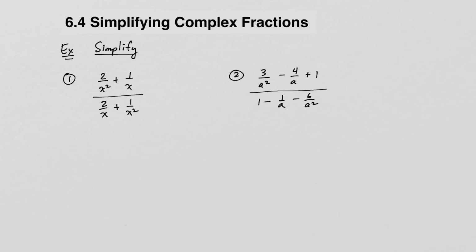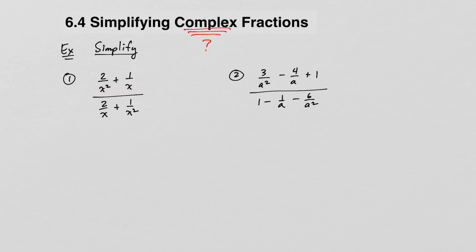Moving on to section 6.4, this will be a very short section. In fact, I'm only planning to do these 2 examples that you see. We're looking at simplifying complex fractions. So first of all, what does it mean to have a complex fraction? Basically, it means that you have little fractions inside of a larger fraction.